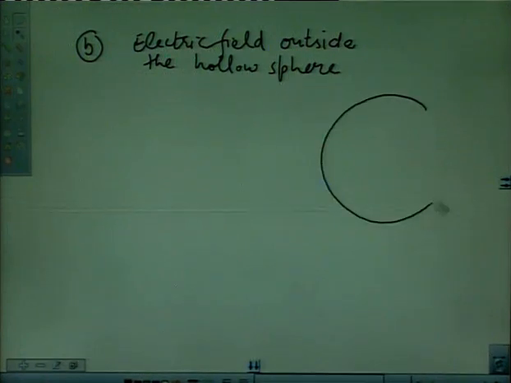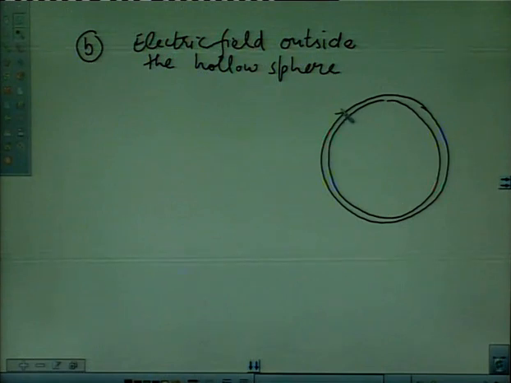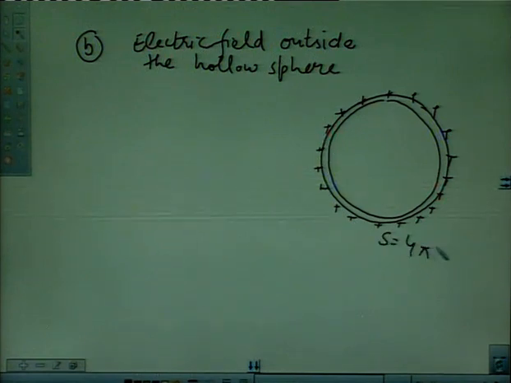Again we draw the diagram. This is a hollow sphere which is having positive charge distributed over the whole surface. Surface area is 4 pi r square.